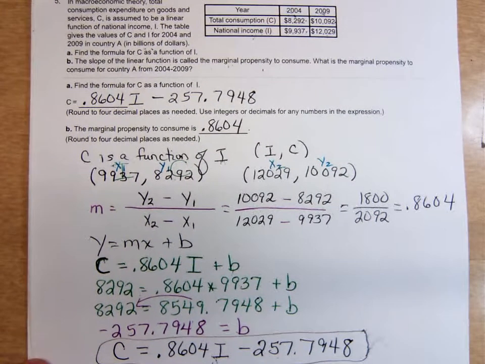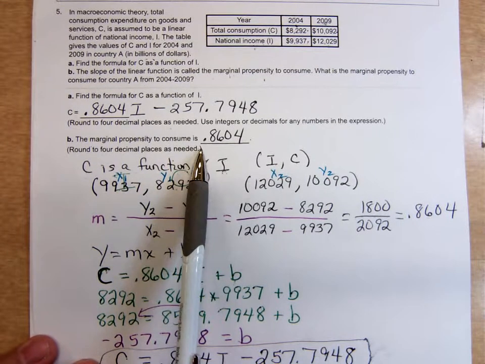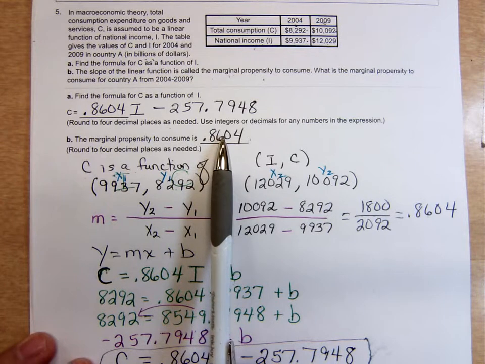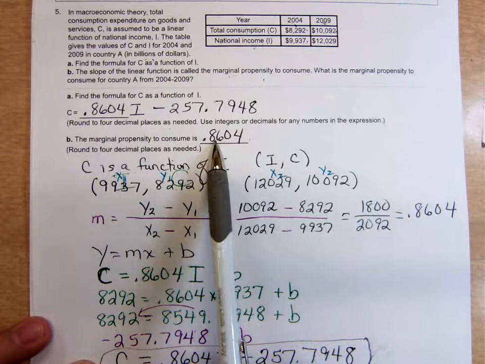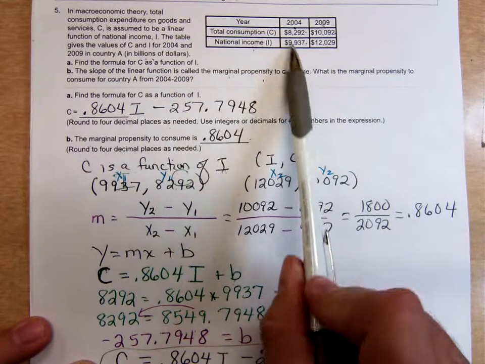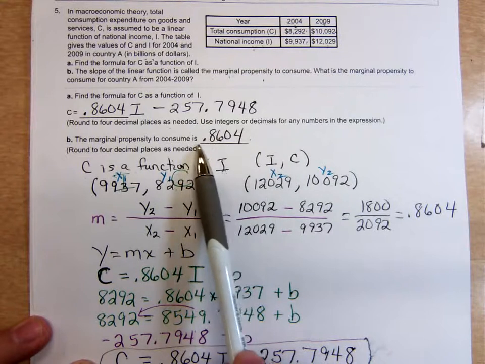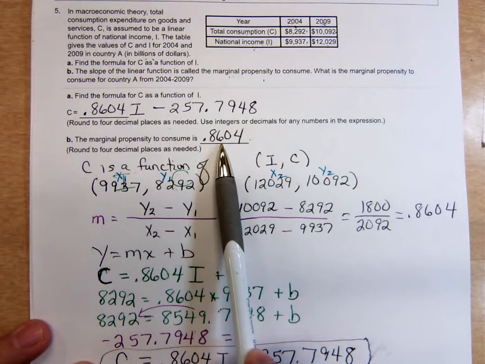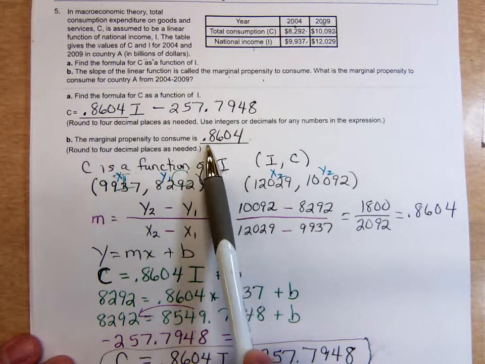Well, the marginal propensity to consume is how much more you would be spending for every dollar increase in income. So this person or this nation as a whole, if their income went up by $1, they're going to spend 86 cents of it, okay? A little over 86 cents.